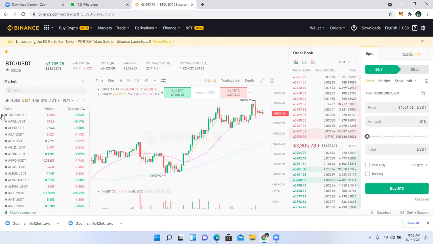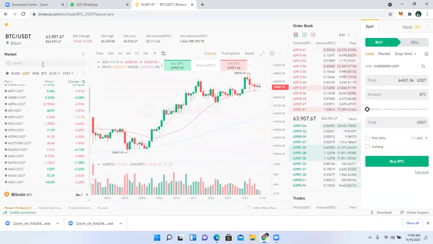You're always buying something. This means that I'm using USDT to buy BTC. I can actually change this to something else if I want.